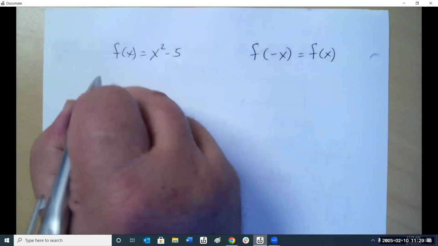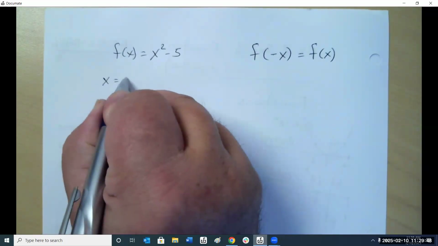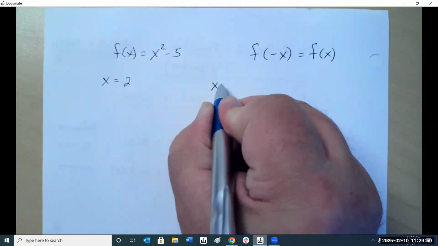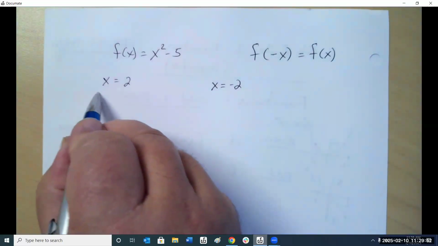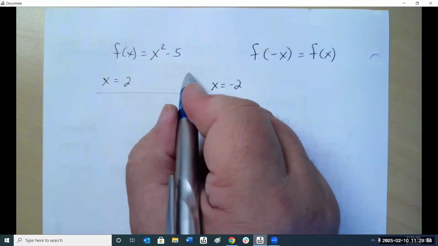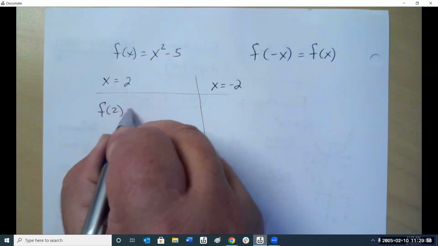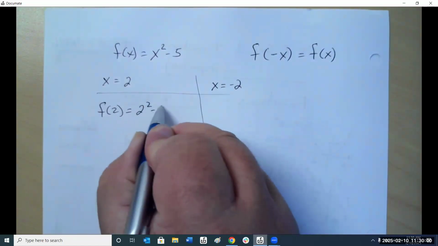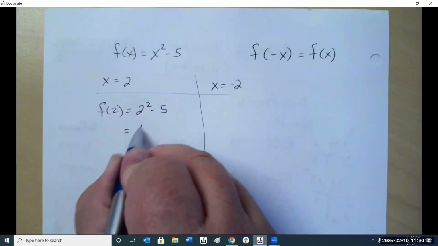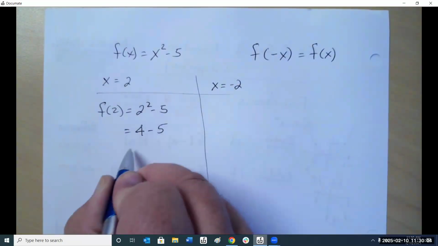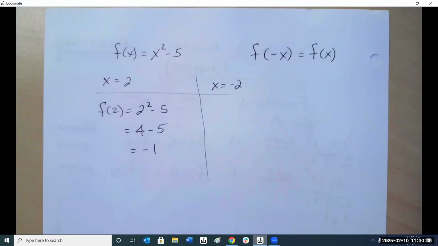So I do it two ways. I plug in 2 and I plug in -2. So f of 2 gives me 2 squared minus 5. 4 minus 5 is -1.